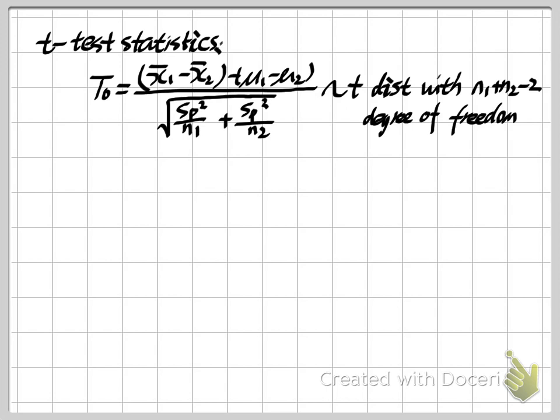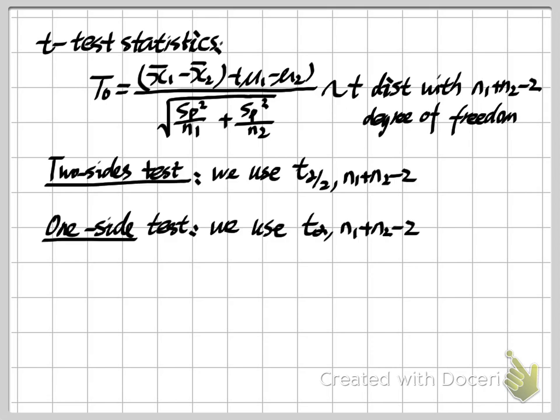The only thing is, when we use T sub alpha or T sub alpha over 2, we need to be careful about our degrees of freedom. So we use T alpha over 2 comma n1 plus n2 minus 2 for our two-sided test, and for the one-sided test, we use T alpha comma n1 plus n2 minus 2. This is what we have for the hypothesis test.